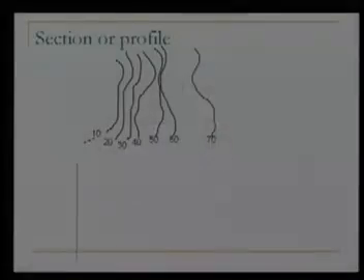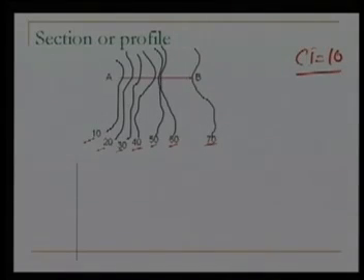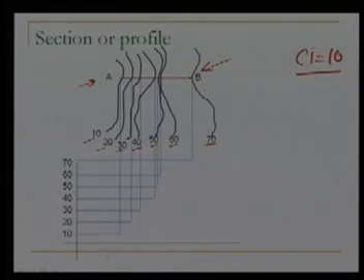Let us say we have a contour map here, and these are the contour values with a contour interval of 10. Between point A and B, we want to draw a profile. We want to see how the ground looks between these 2 points. So how to do that? We draw an axis system here.